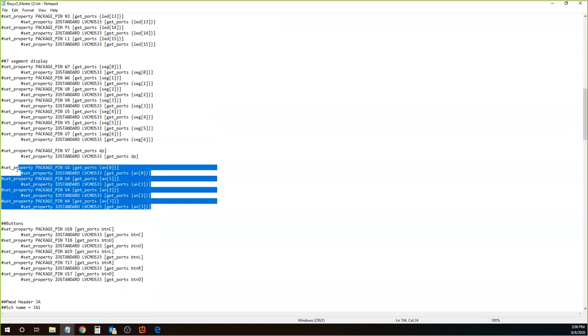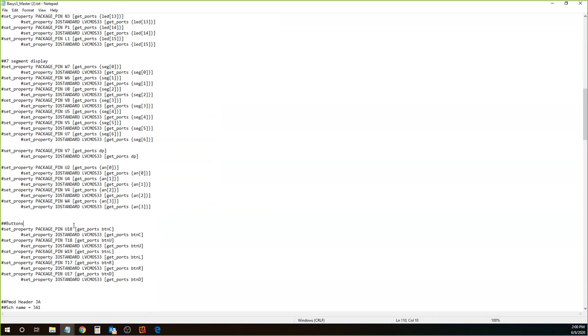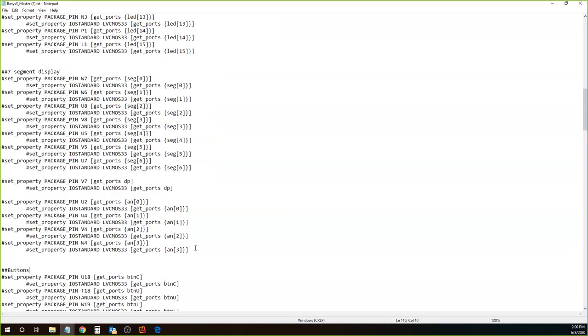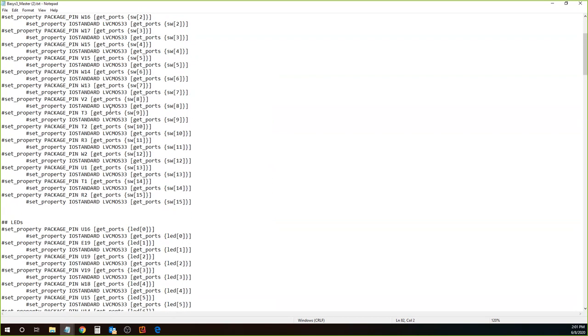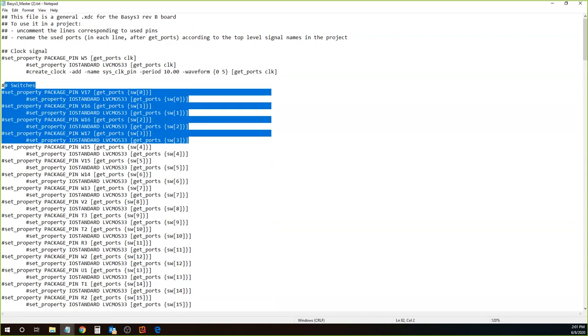And then if you go down here, AN, these are the 4 anodes. That file is located under resources in Piazza. So this is the master Basys 3 file as a text format that you can open. You've got 4 anodes here, 7 segments over here, and then if I go further up, I can get 4 switches from here.